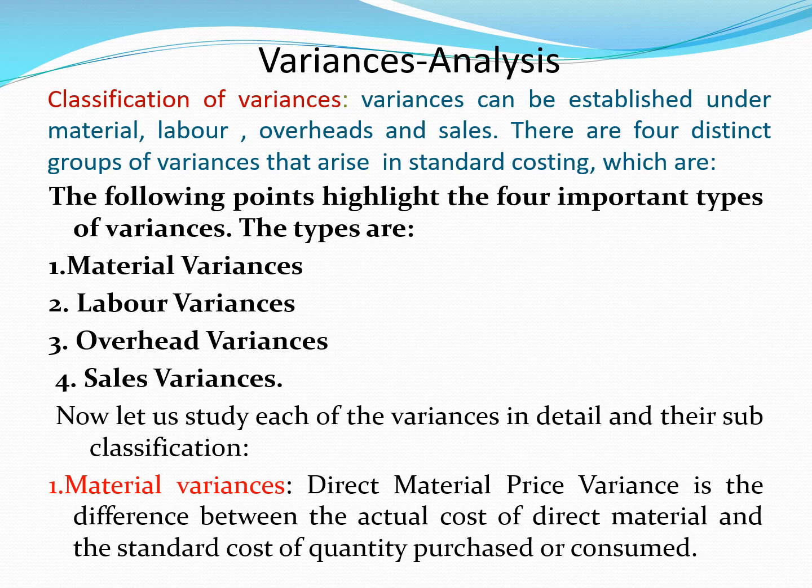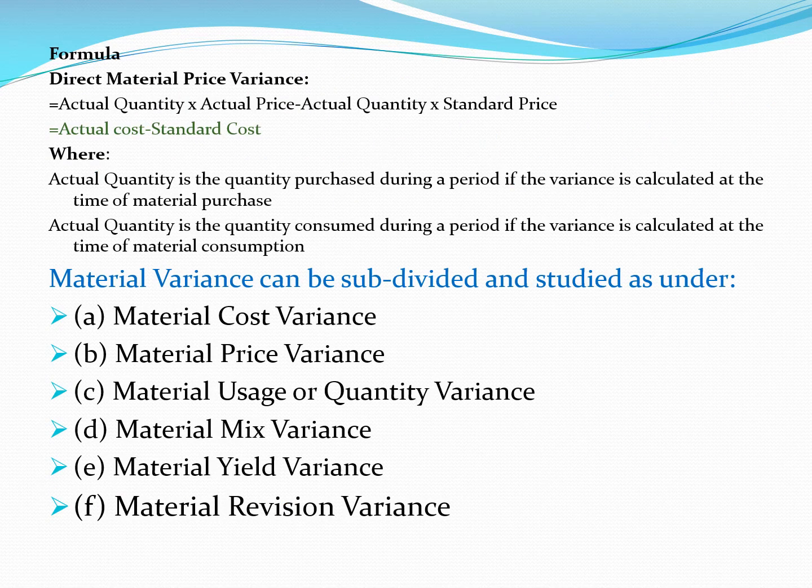Material variance means direct material price variance. It is the difference between the actual cost of direct material and the standard cost of quantity purchased or consumed during the production process. So how to ascertain direct material price variance? The formula is actual quantity into actual price minus actual quantity into standard price.